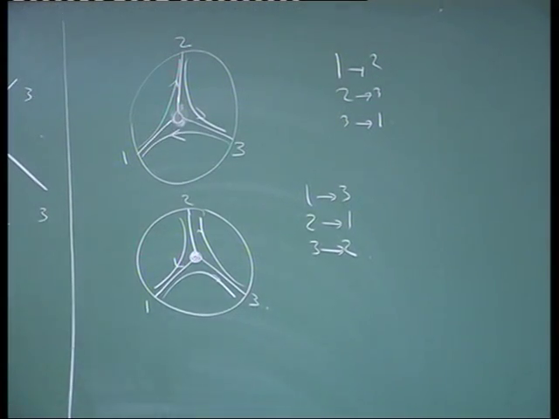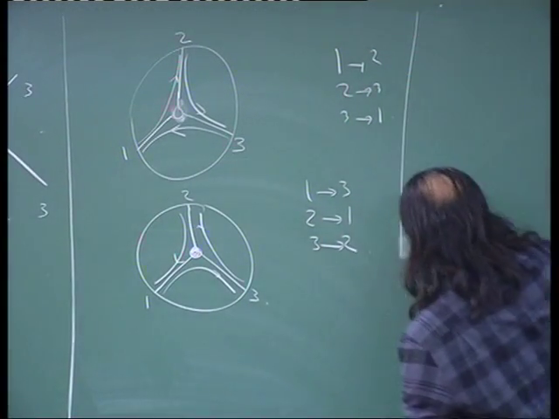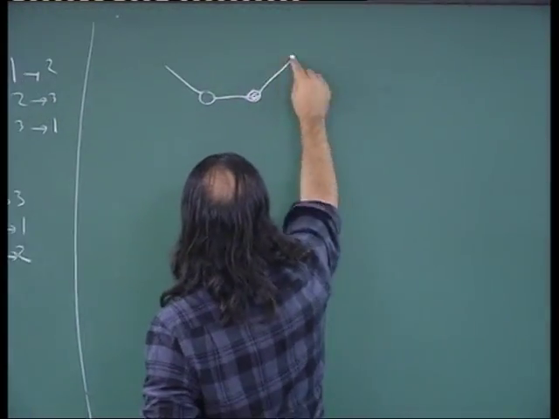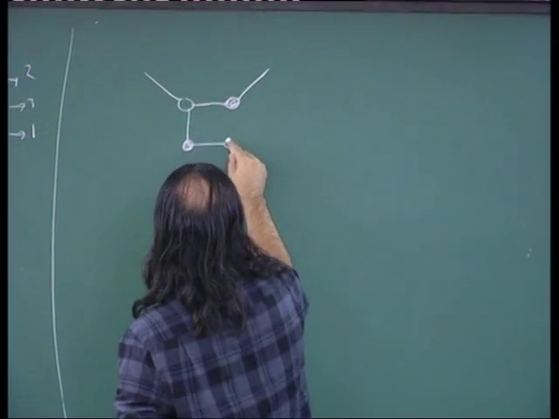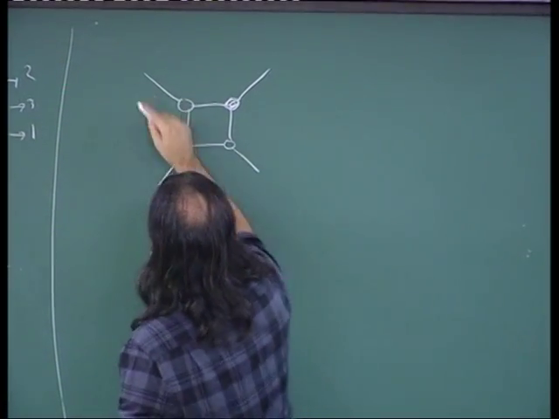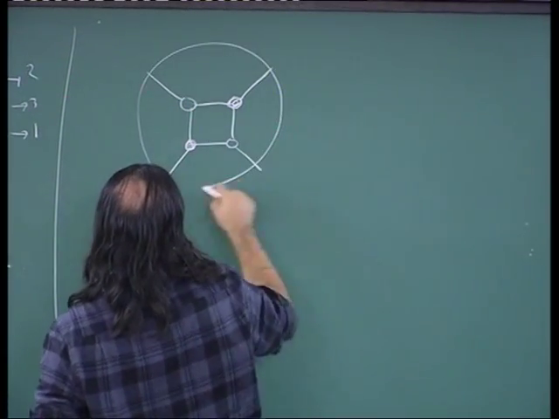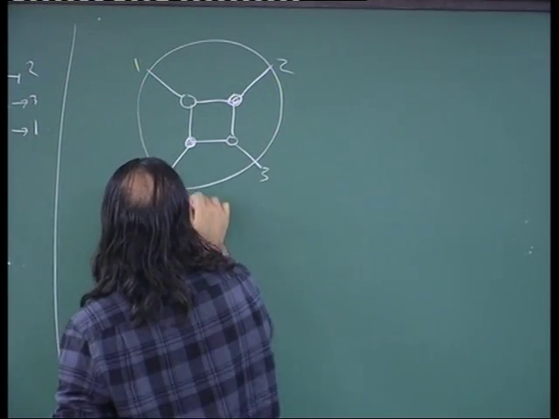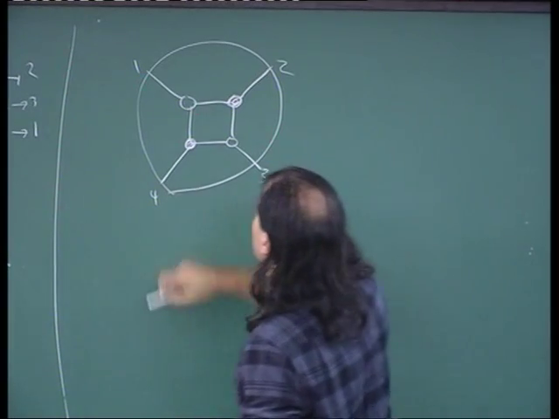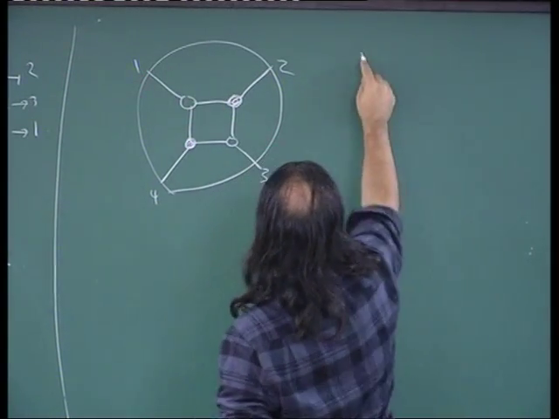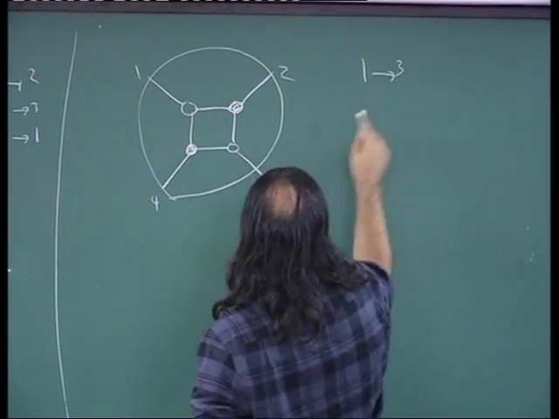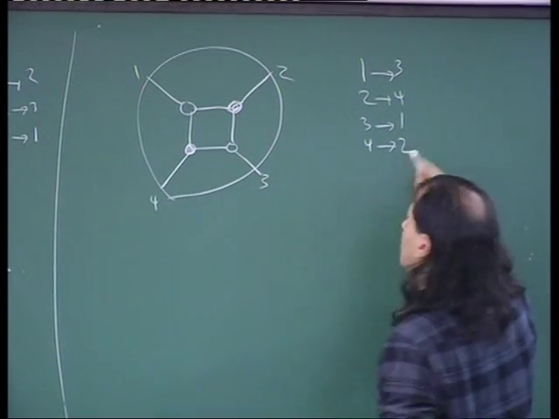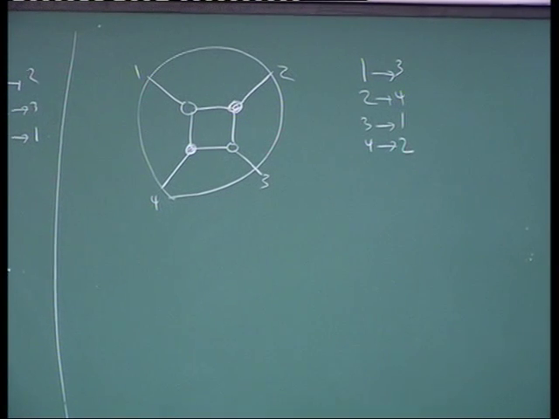But now with this rule, I can glue these things together in more complicated ways, like those pictures, or like this picture. So here you can see what is the permutation. It's 1 to 3 going left and right, 2 to 4, 3 to 1, 4 to 2. So that little square is associated with that permutation.